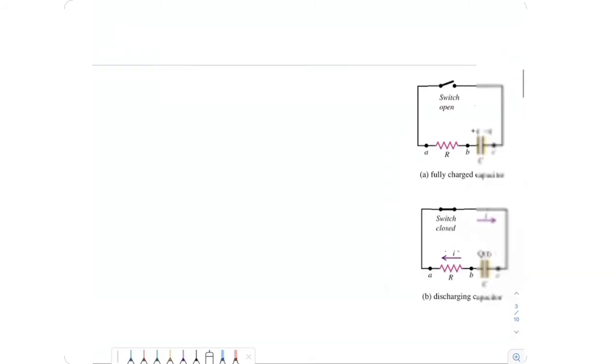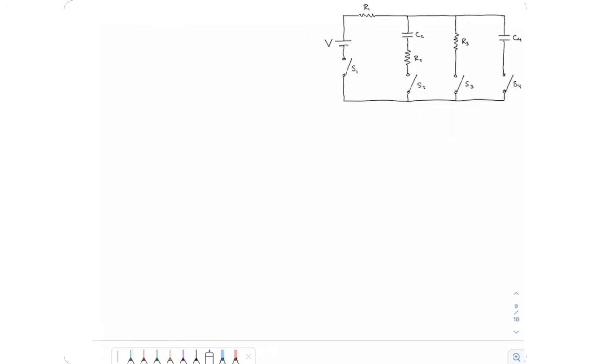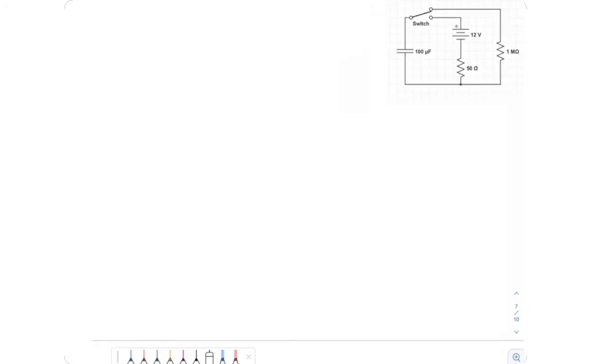Okay, so here's the circuit that we've got. So initially, current will flow like that.